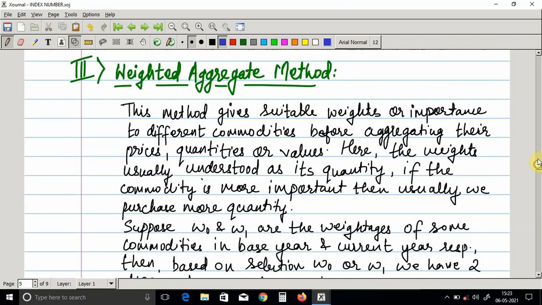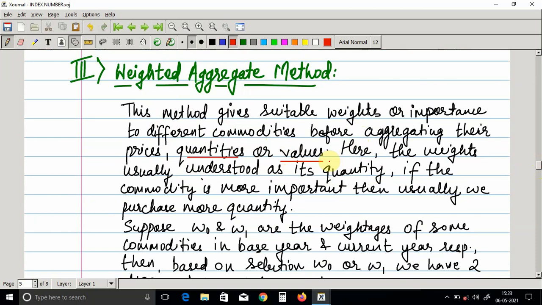Now let's move to the weighted aggregate method. So this method gives us suitable weights or importance to different commodities before aggregating their prices or quantities or values. Here the weights are usually understood as quantity.